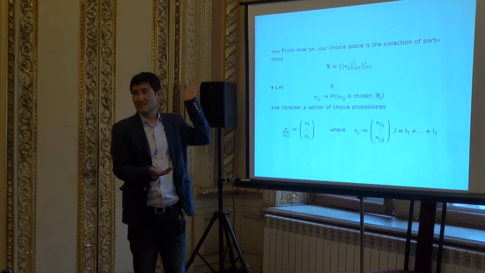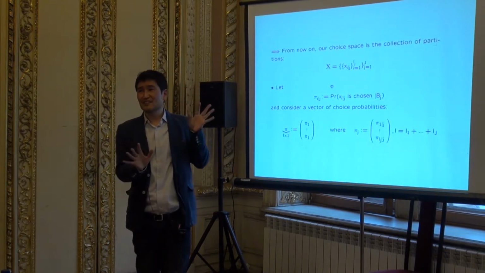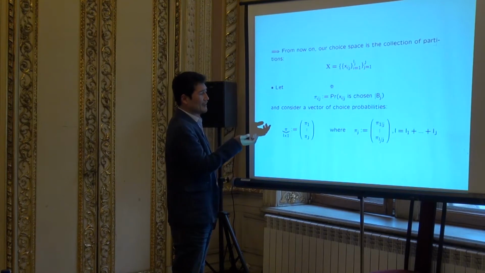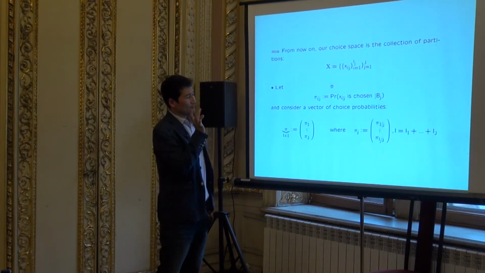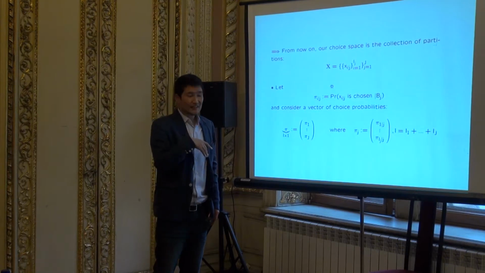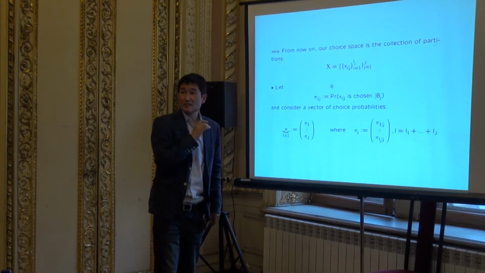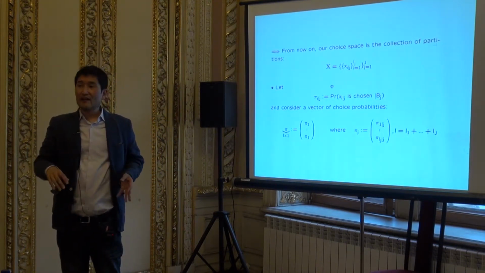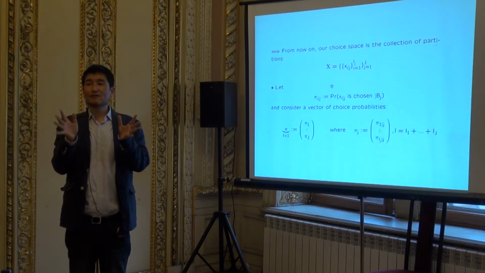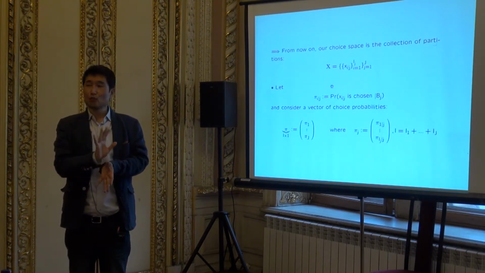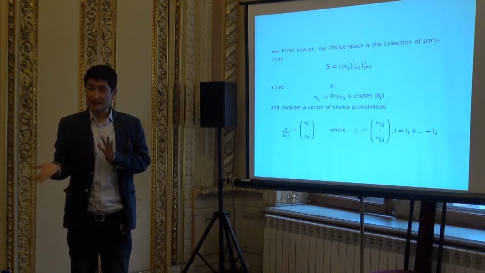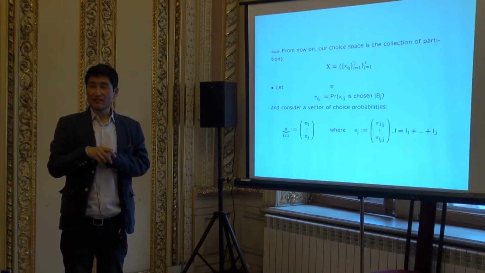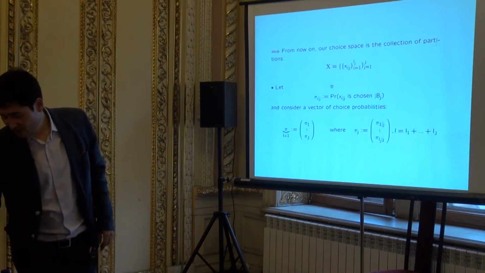In application, I think it's something like 500 dimensions. I don't quite remember, but it's a fairly long vector. In any event, what the econometrician observes out of the data can be represented by this long vector pi, just a sequence of choice probabilities. That's all. And we want to figure out whether that is consistent with the rationality hypothesis or not, while accounting for totally flexible unobserved heterogeneity. That's the project.